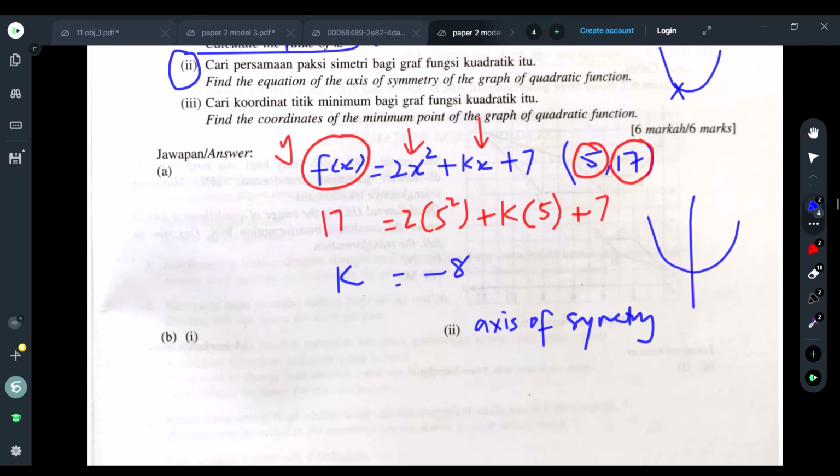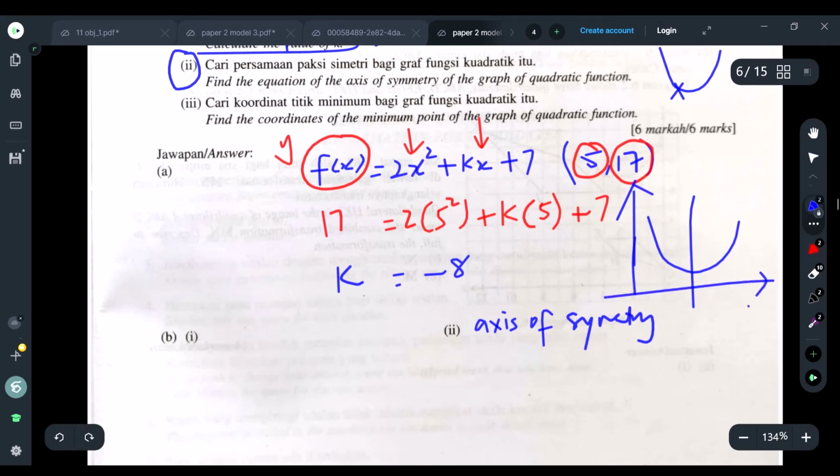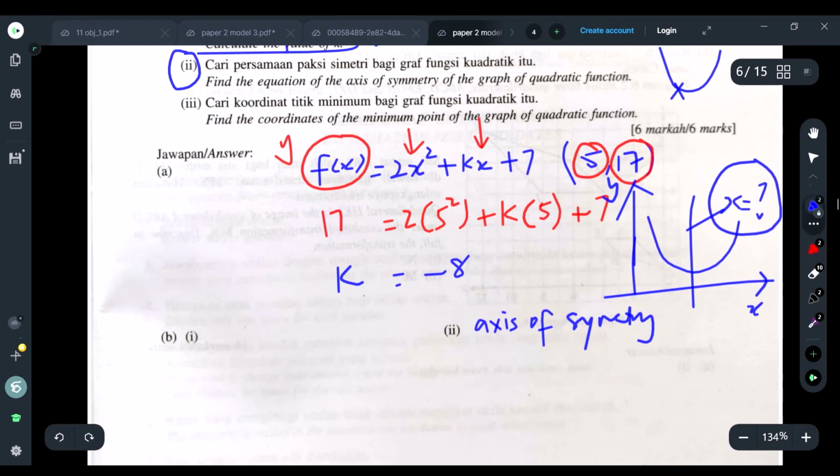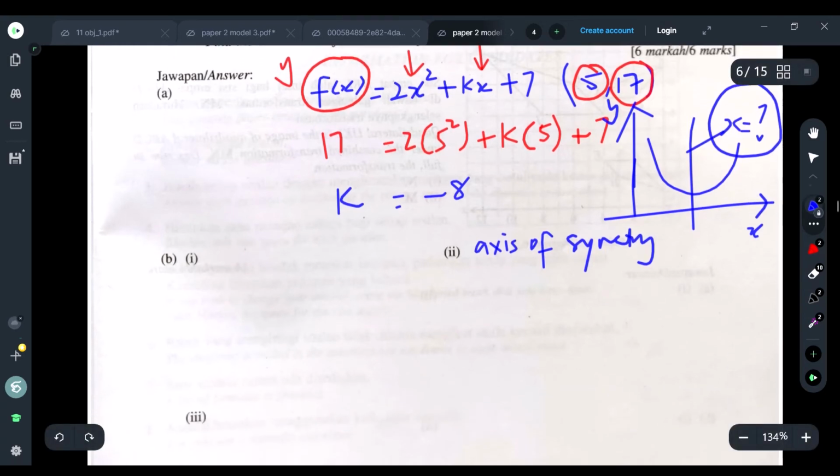This is your x, this is your y, so this line is called x equal something. You want to find the axis of symmetry. So how to find it? If you refer to your textbook, there is a formula for the axis of symmetry.